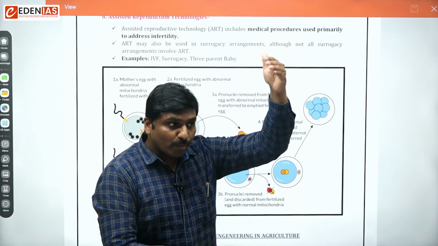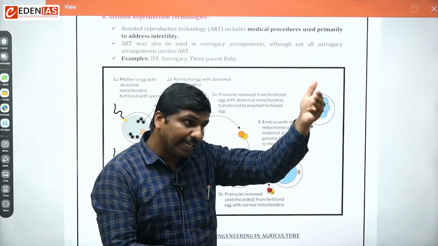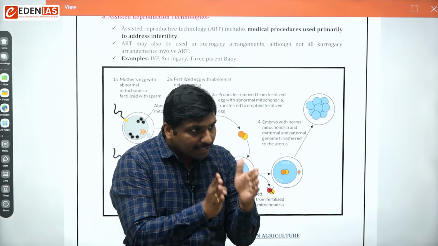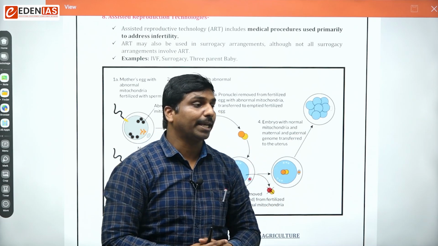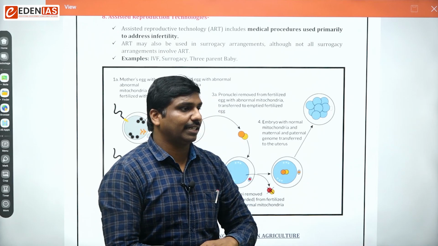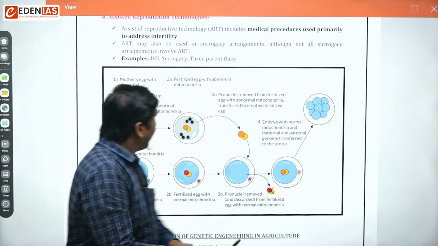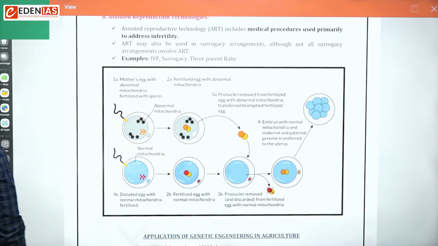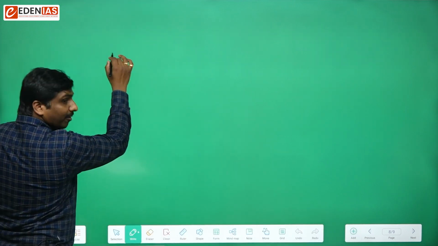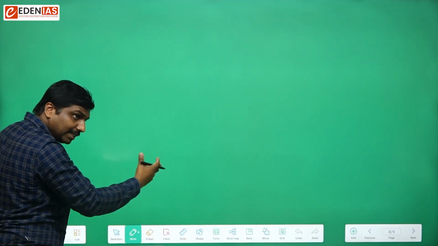Mitochondrial DNA is inherited only from the mother. Are you getting that? In some cases, mothers will have defective mitochondrial DNA. In such a case, the child will inherit that defective DNA.